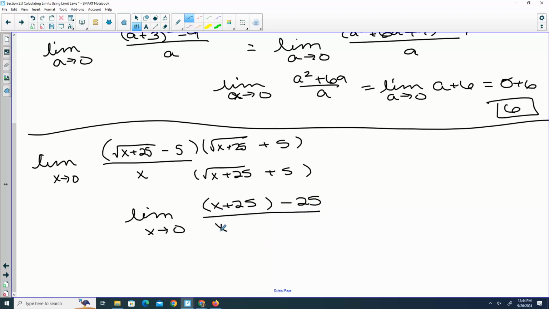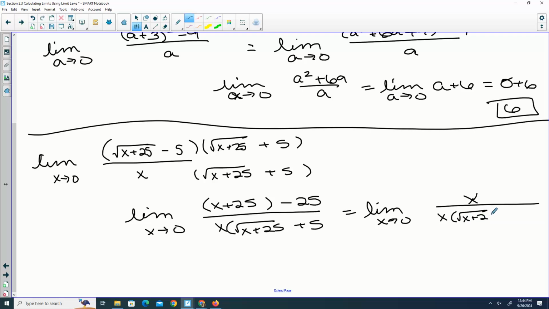On the bottom, I'm hoping this x cancels, so I don't multiply that out yet. So we have the limit as x approaches 0 of x over x times the square root of x plus 25 plus 5. Now what happens? The x is cancelled. So that just gives us a 1, and now we no longer have a problem. So I have the square root of 25, so 5 plus 5. We get 1/10.